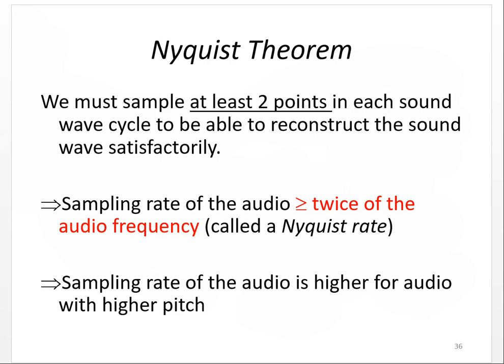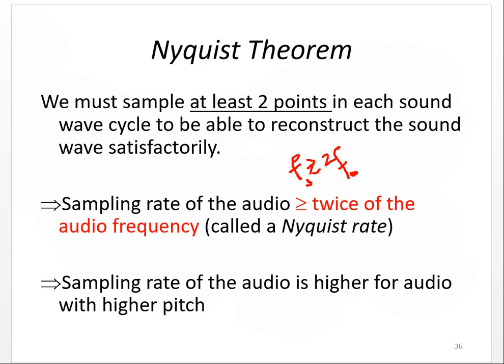The Nyquist theorem says we must sample at least 2 points in each sound wave cycle to be able to reconstruct a sound wave satisfactorily. So the sampling rate of the audio is always greater than or equal to twice the audio frequency. This is called Nyquist. If you can remember, your sampling rate is always greater than or equal to twice the audio signal frequency. This is your sampling frequency, this is your original one. So this is the Nyquist theorem.